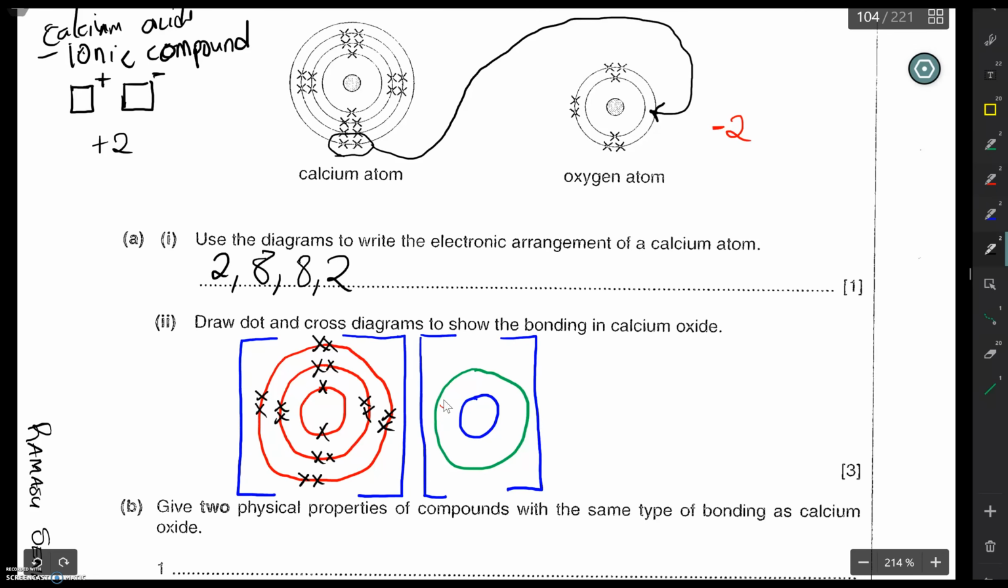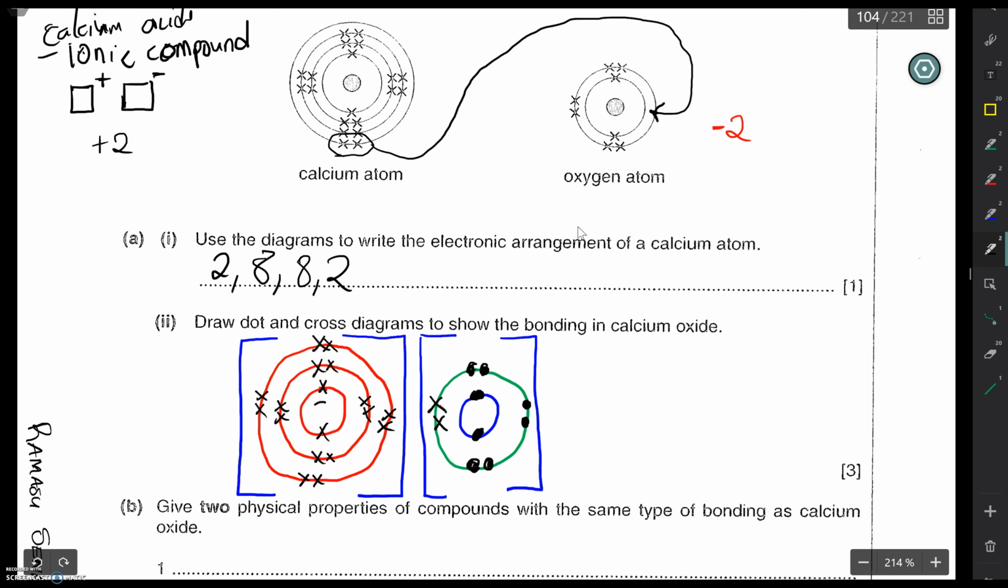Now for oxygen, let's make them dots. 2. Then we have 1, 2, and 1, 2, 1, 2. Then we have 2 crosses here. Why? Because these 2 electrons were taken from calcium, right? They were gained from calcium.